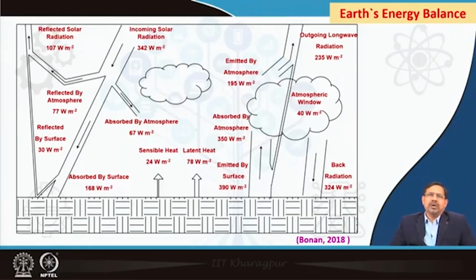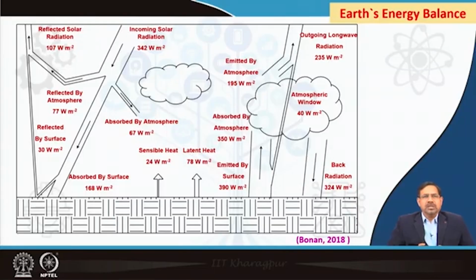Let us have a look at the next one, that is Earth's energy balance. On the left hand side of this figure, the incoming solar radiation is shown, and on the right hand side the outgoing longer wavelength infrared radiation is shown. As I mentioned before, this is a kind of budget.